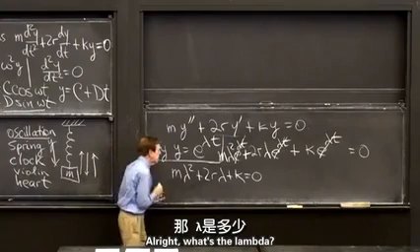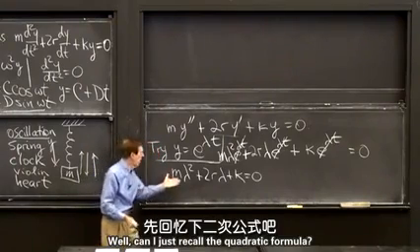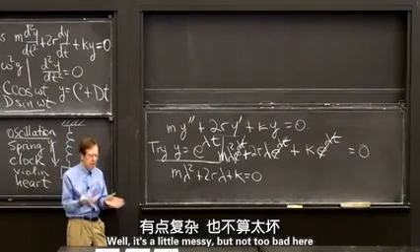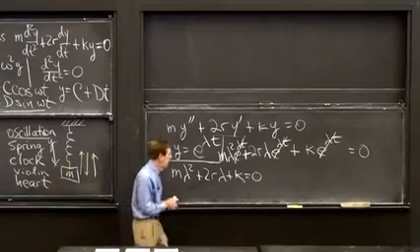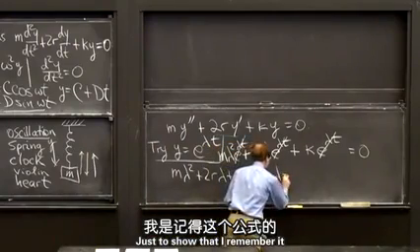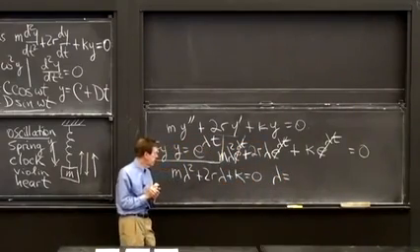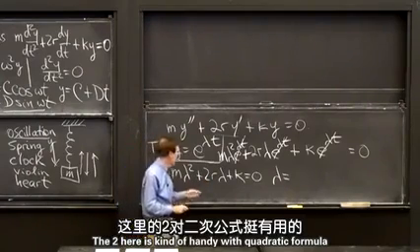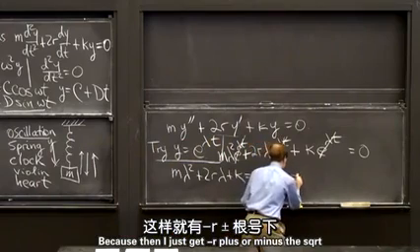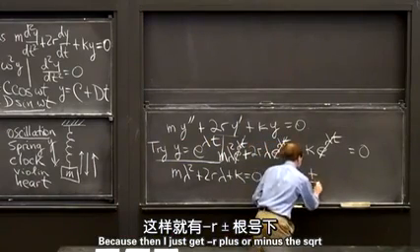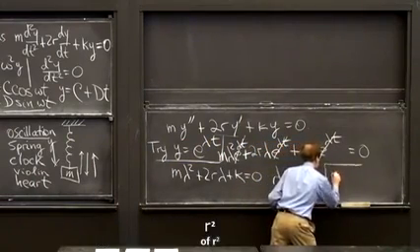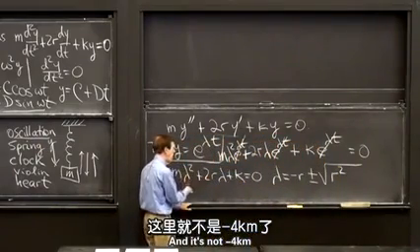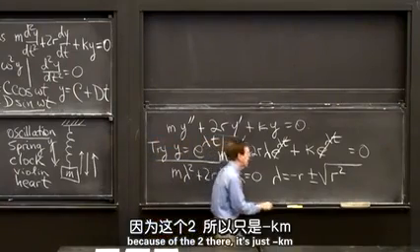All right, what's the lambda? Well, can I just recall the quadratic formula? It's a little messy, but it's not too bad here. Just to show that I remember it: the 2 there is kind of handy with the quadratic formula, because then I just get minus r plus or minus the square root of r squared, and it's not minus 4km, but because of the 2 there, it's just minus km.